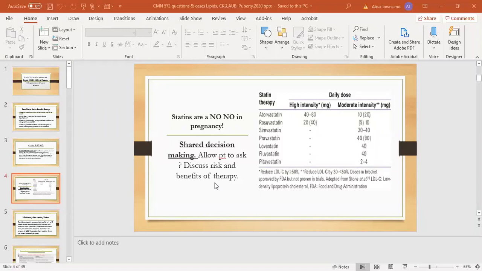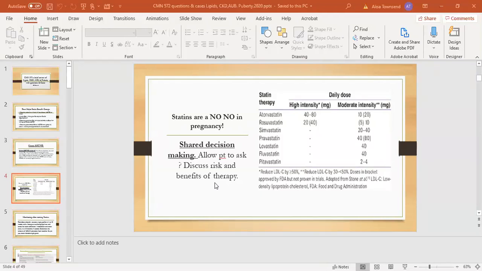So make sure you understand the percentages and how much LDL reduction is available with the different statins. As a group, if it's moderate intensity, you get this amount of reduction. If it's high intensity, you're going to be thinking it's reduced by 50% or more. So make sure you understand that.